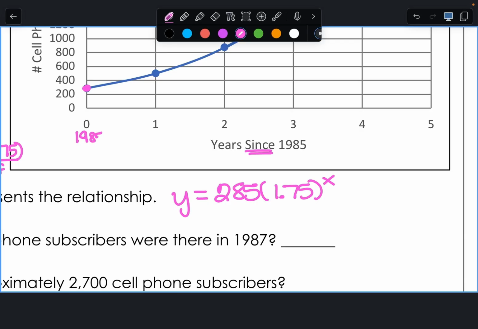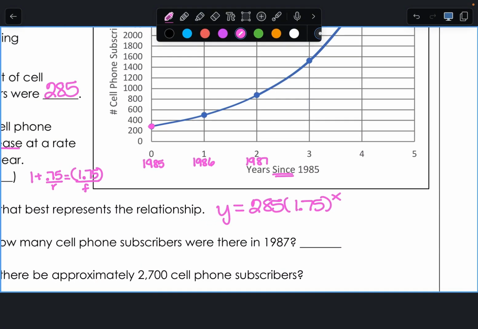The 1 represents 1986. And the 2 represents 1987. So how many cell phone subscribers in 1987? Approximately 800. A little less than 900. We're just going to put the little squiggly. Squiggly means approximate.